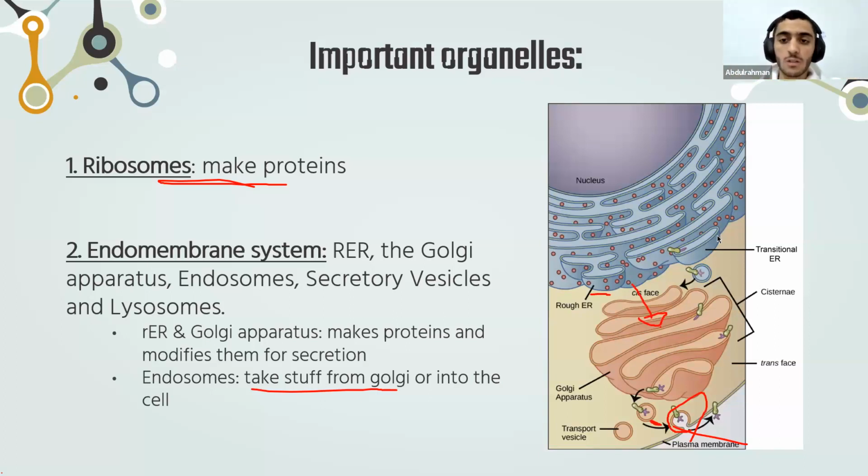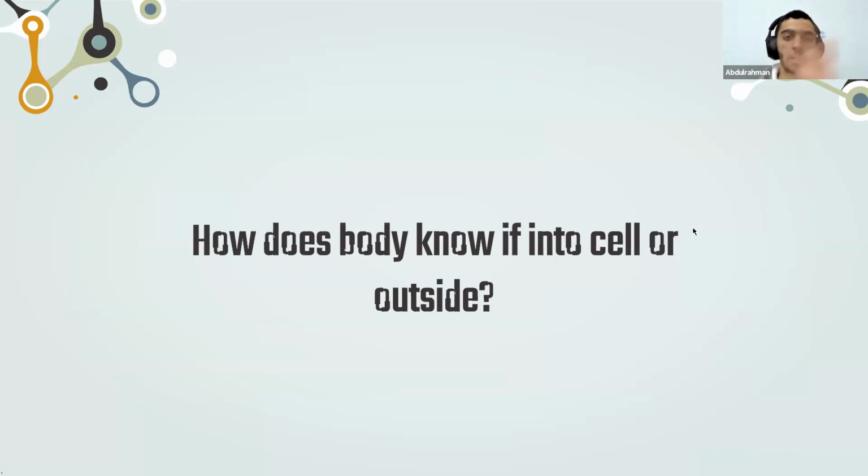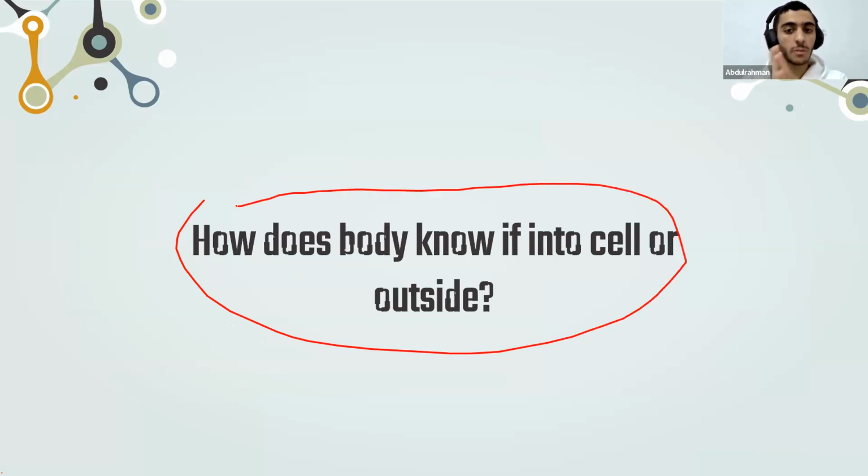All right, once this is clear to you and the basic idea is there, now let's dive into the lecture. This basically summarizes the entire title of the lecture. How exactly will the body know if this protein is going to be made to stay inside the cell, or if it's going to be made so that it goes to the endoplasmic reticulum ribosomes and is sent outside the cell?